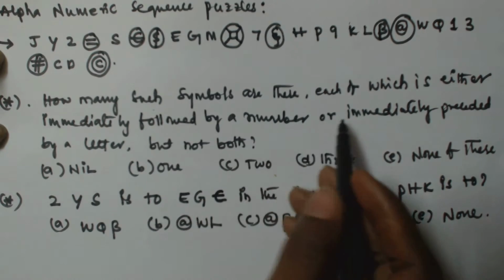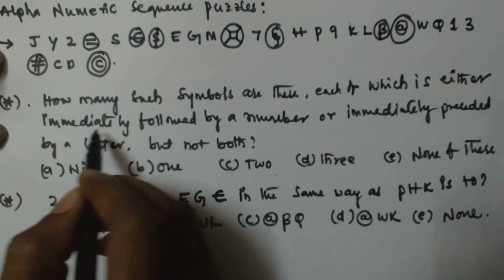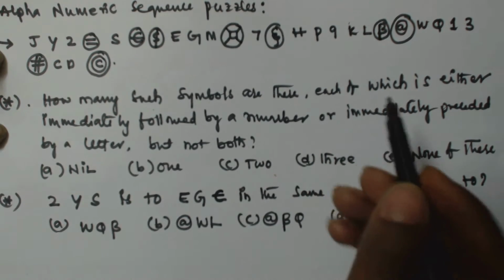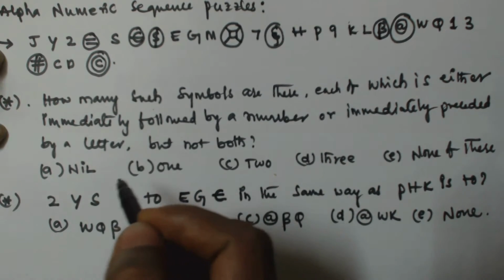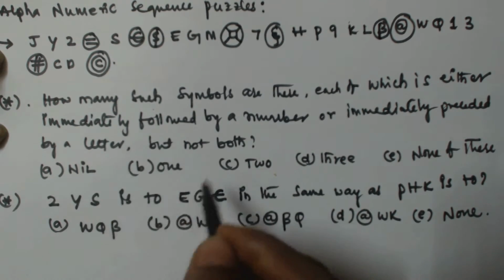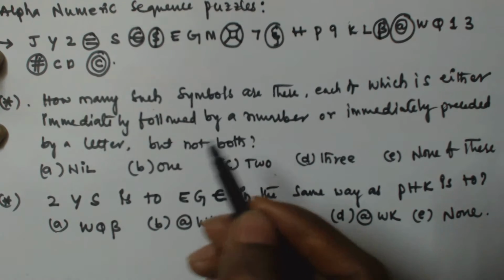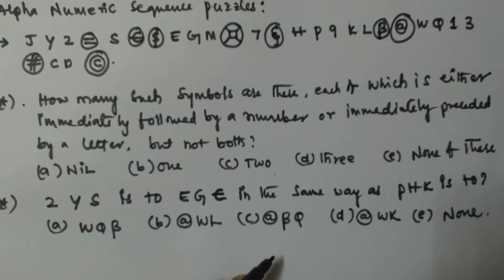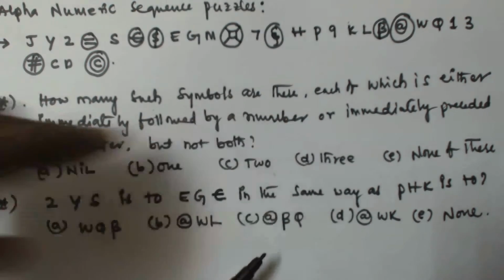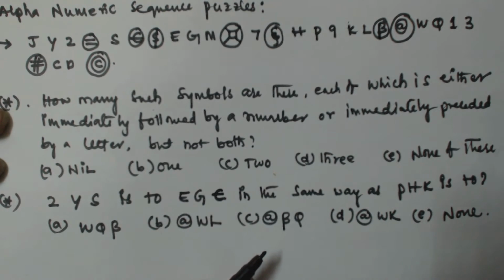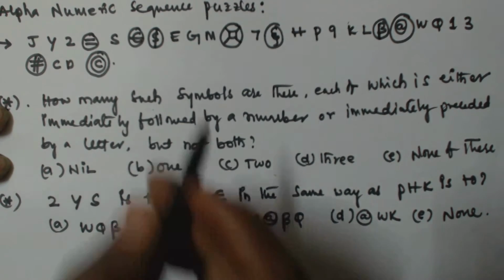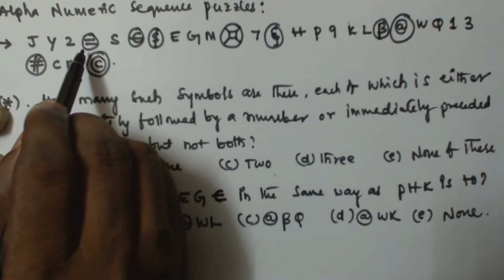So these all are the symbols, right? And it says the symbol is either immediately followed by a number or immediately preceded by a letter, but not both. Let's consider the equal sign first.